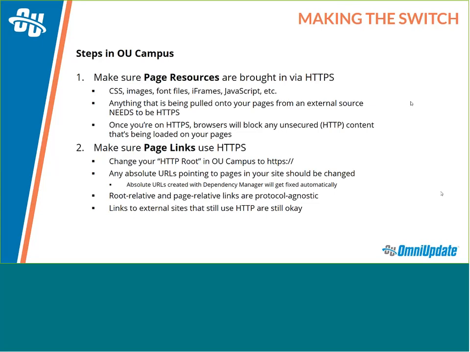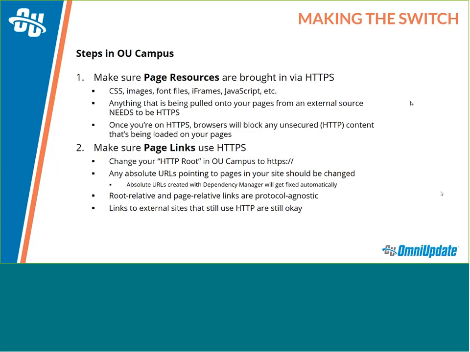But then the final thing is that, of course, not all of the links on your site are going to be referencing internal pages. Of course, you're going to link out to external sources and external sites and things like that. If you have links that are pointing to pages that still use HTTP, you can't control the entire web. You might be ahead of the curve from some of the websites that you're linking to.